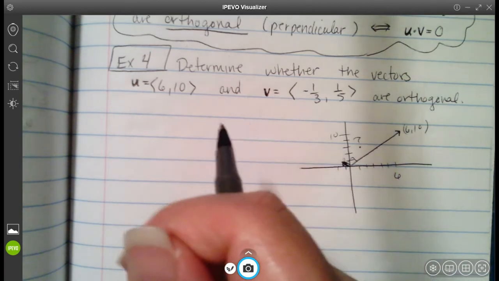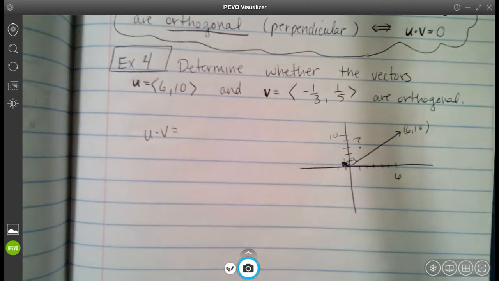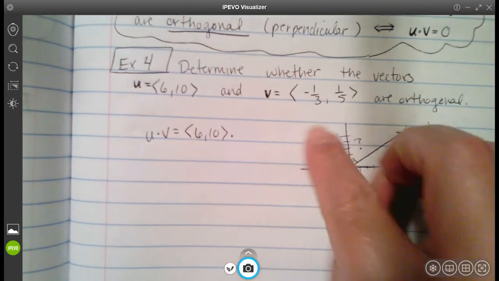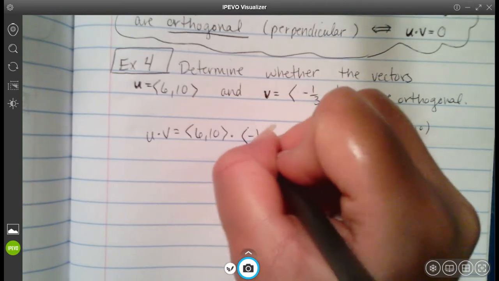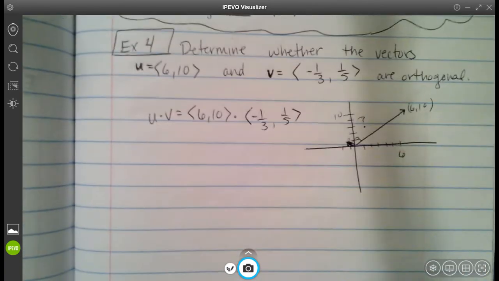So u times v is going to equal <6, 10> times <-1/3, 1/5>.